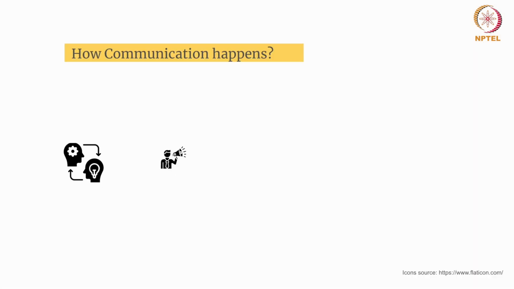Not only that, if you're using your phone and you are texting and sending something to your friend, this is another way of communication through a medium, that is the phone. This is another way in which communication happens, that is one to many.